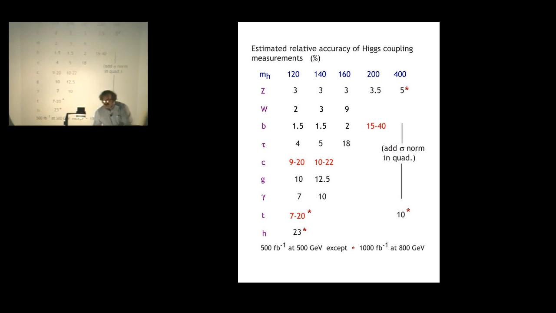And so you have to add in quadrature the thing that normalizes the branching ratios, either the absolute cross-section or the Higgs to WW cross-section. And then down here, these very ambitious ways of measuring the top coupling or the Higgs self-coupling. All of the numbers reflect 500 inverse femtobarns at 500 GeV, except for the starred ones, which are 1,000 inverse femtobarns at 800 GeV.